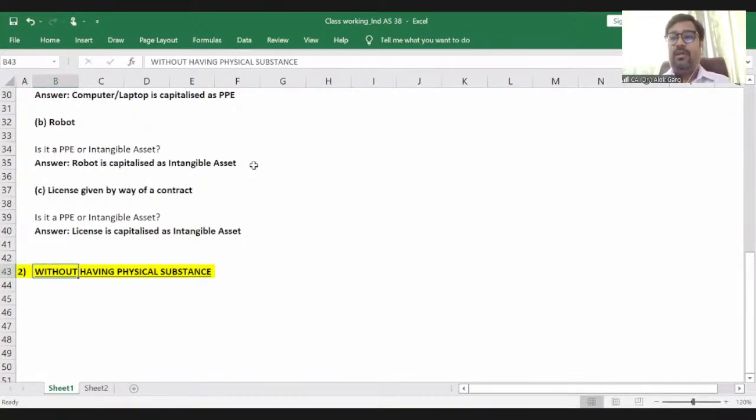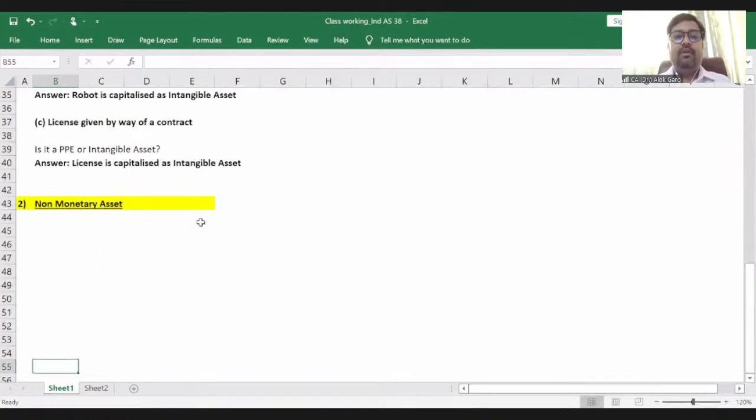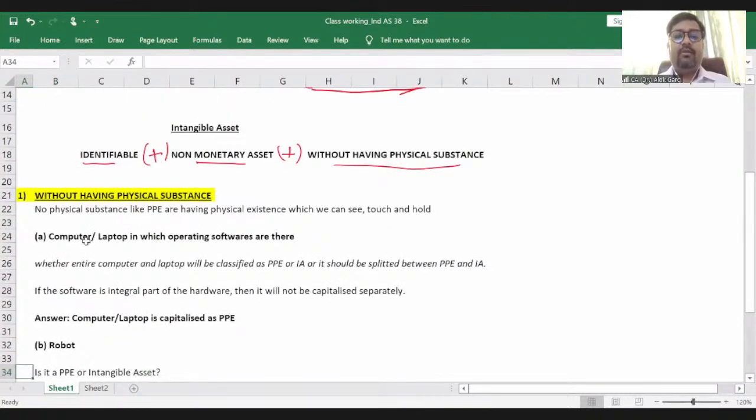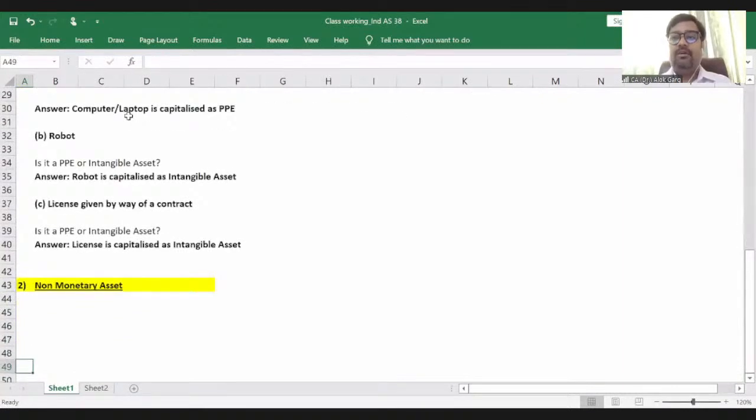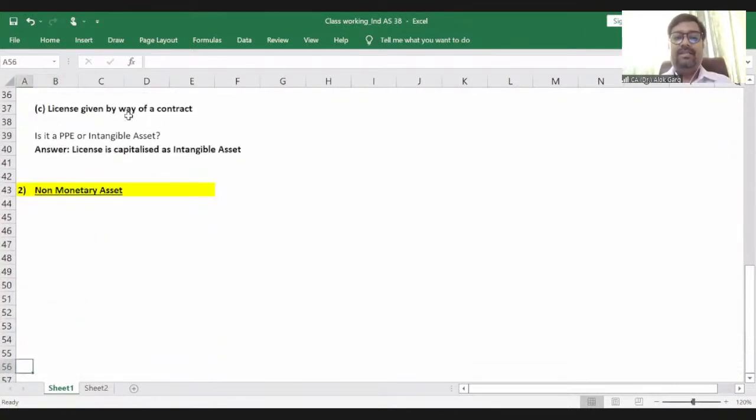Our objective is to become a chartered accountant. These things are very important. That is why I'm spending a lot of time on this definition. You can apply this concept while auditing a client, or while finalizing the balance sheet in your practical, real life scenario.